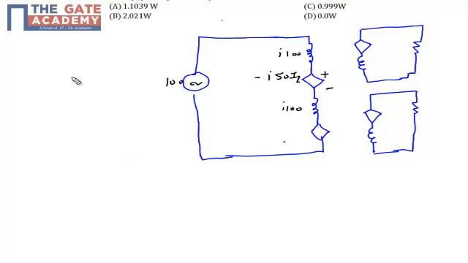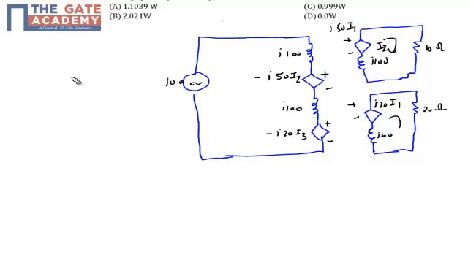Now it is J100, and here again minus J20 I3, with the same polarity I have taken. Then J50 I1, J100, 10 ohm, and J20 I1, and J100, 20 ohm. This is loop 2, current is I2. This is loop 3, current is I3. This is loop 1, current is I1.